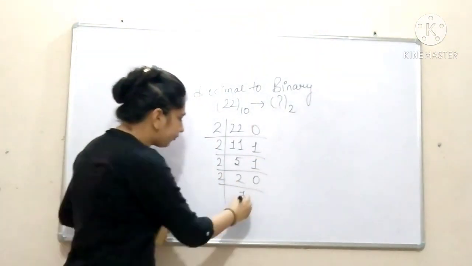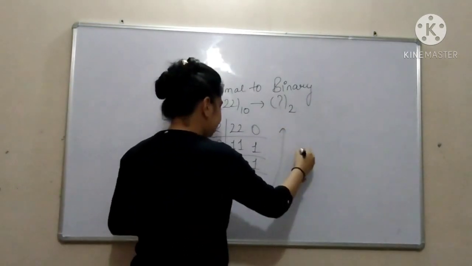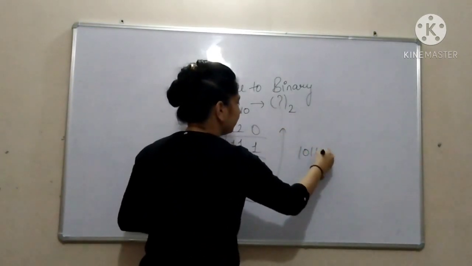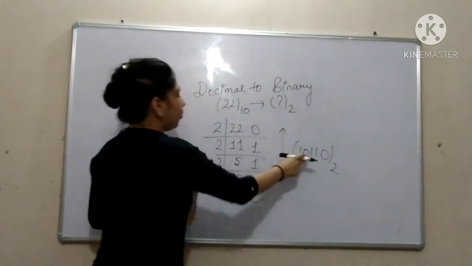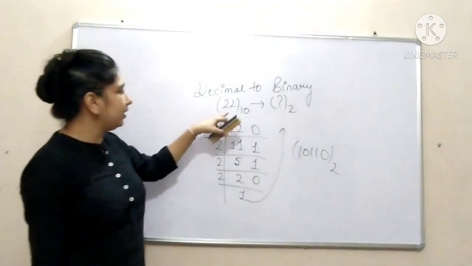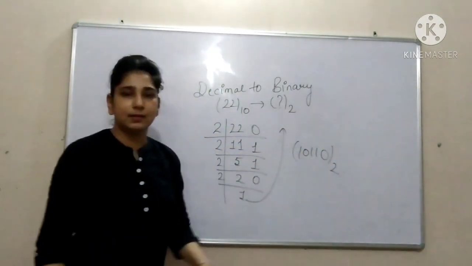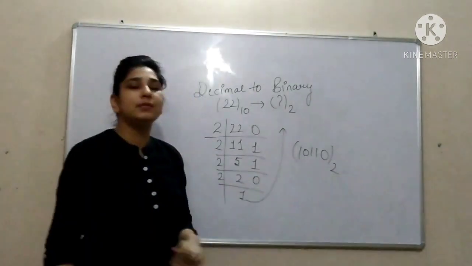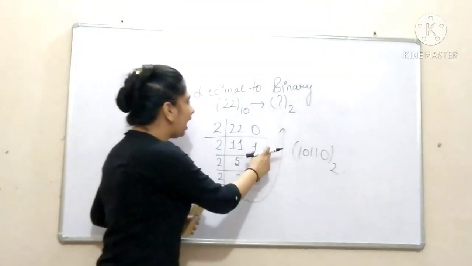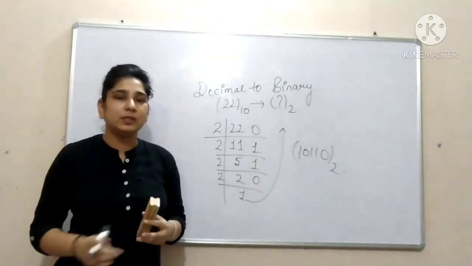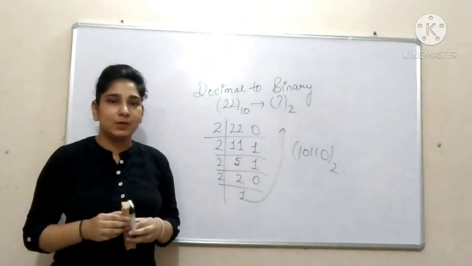Okay, then you go from bottom to top. It is 1 0 1 1 0. So the corresponding binary number of 22 is 1 0 1 1 0. So this is how we can convert decimal number system to binary number system.